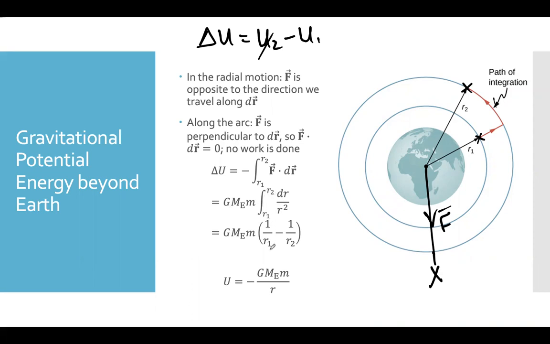Then they integrate and get this expression. So again, delta U is equal to this. And we can then put this in general terms: U is going to equal negative G M sub E m over r.